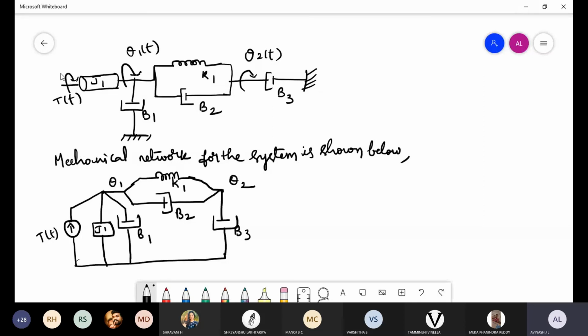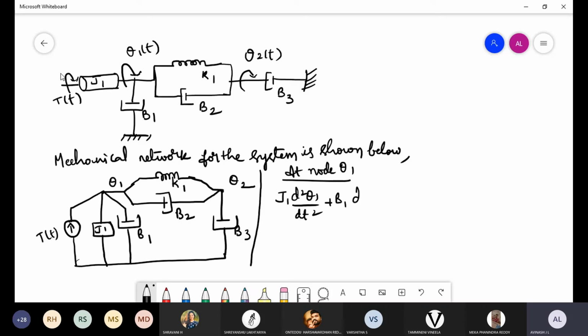So now, after writing the mechanical network, we will go to the equations. At node theta 1, what will be there? J1 d square theta 1 by dt square plus B1. When you are writing the equation, see the mechanical network only.